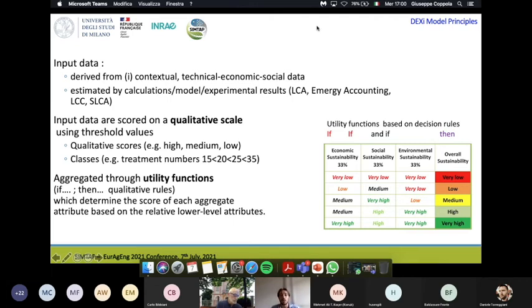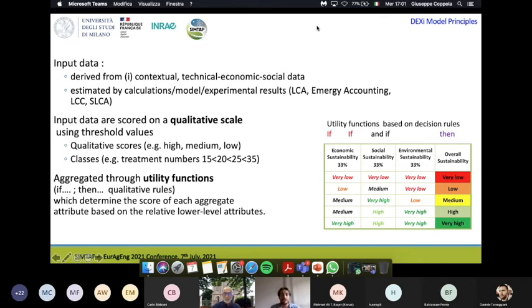Everything is scored on a qualitative scale that in this case goes from very low to very high. Input data are scored using threshold values, and the higher level elements of the sustainability assessment tree, which are the attributes, are scored through the utilization of utility functions.